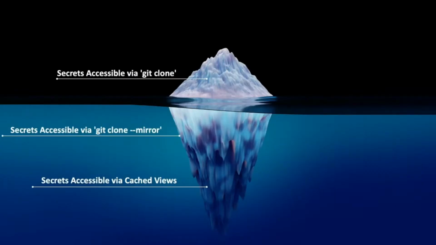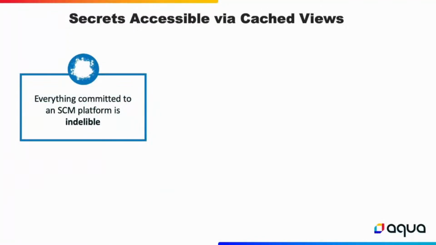Now we are at the deepest part of where secrets can be hidden, and it's something called the cache view in the source code management. So what are cache views? In simple words, the source code management saves every commit that was ever pushed to it in a caching mechanism. This means that everything committed to a source code management platform is indelible.